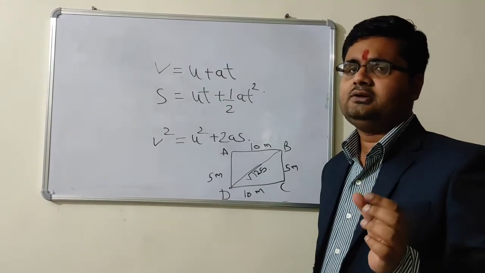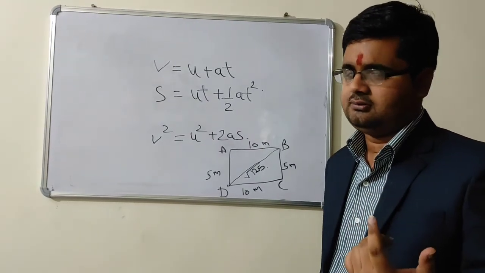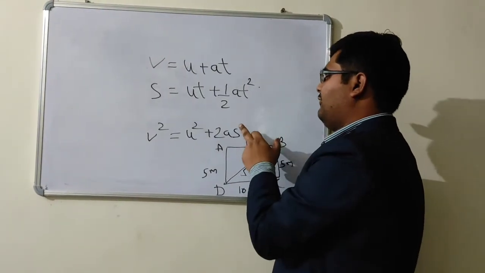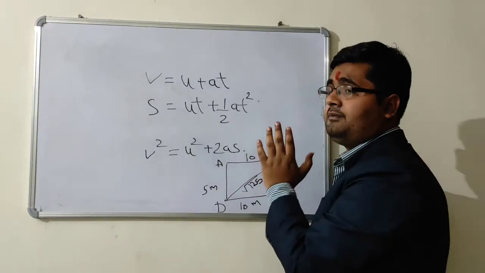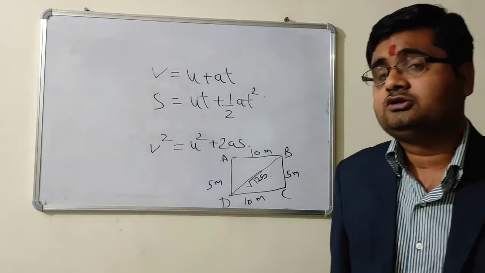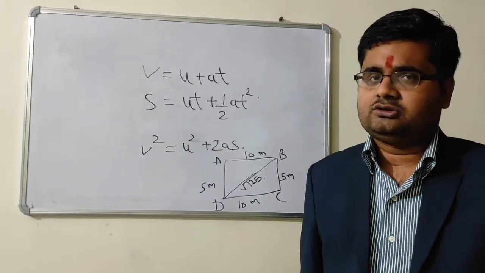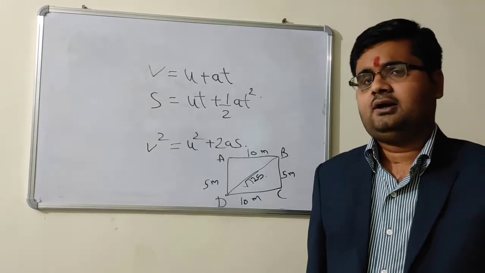So by taking the difference and dividing by time, you can calculate the acceleration. These three will play a very important role in this chapter, and you should know all Newton's laws, the three laws I told you earlier: Newton's first law, second law and third law.